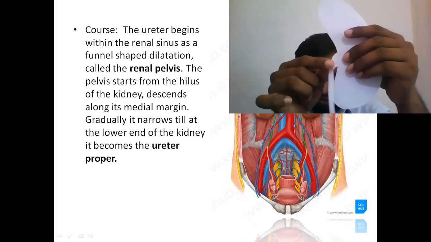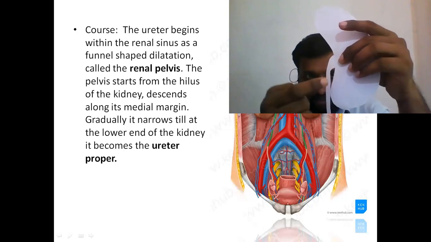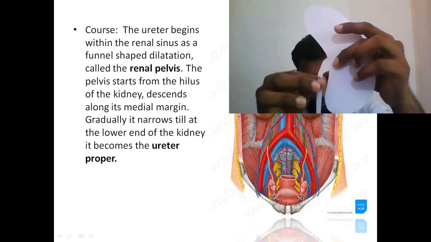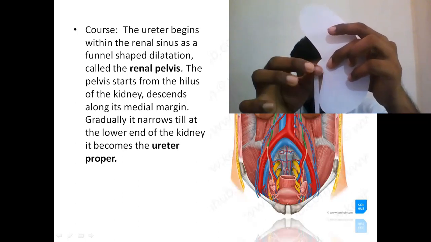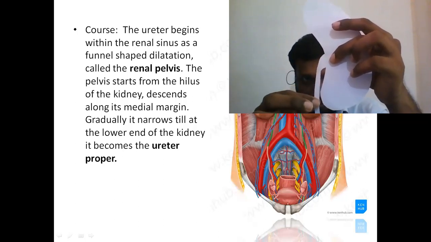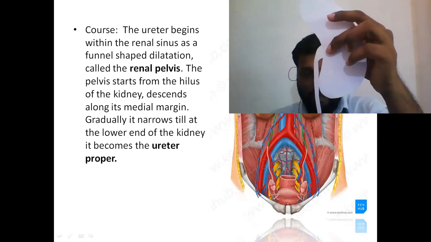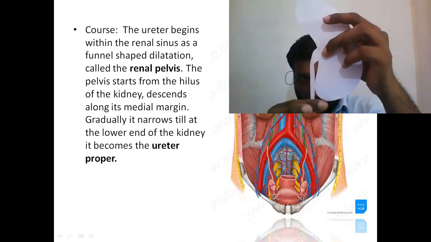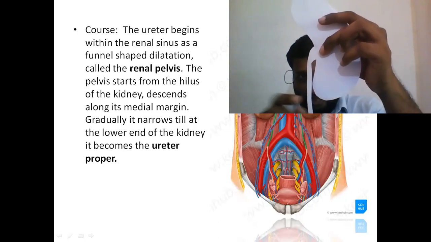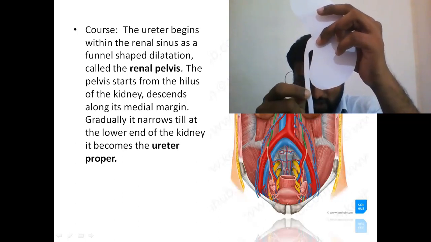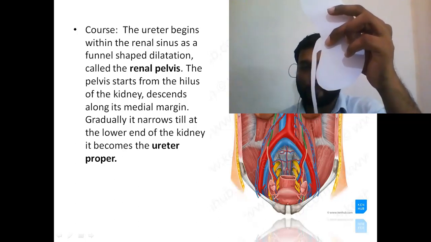Then the lower part of the renal pelvis runs downward along the medial margin of the kidney up to the lower pole of the kidney. At the level of the lower pole of the kidney, it is known as the ureter proper.